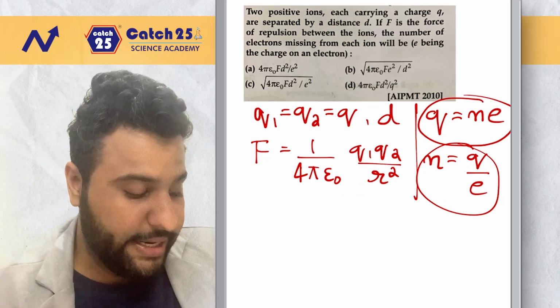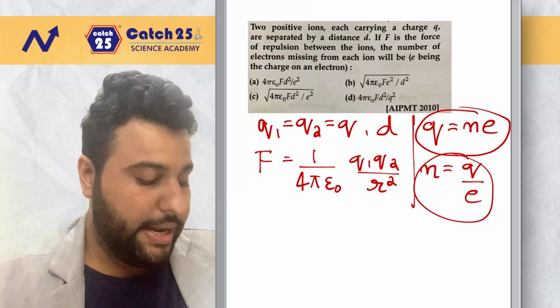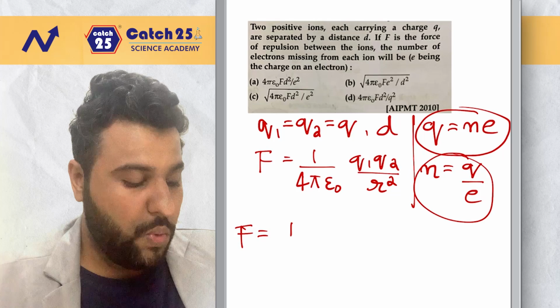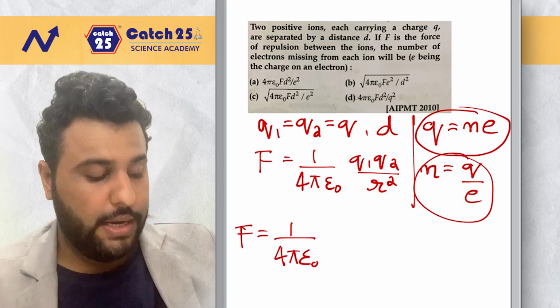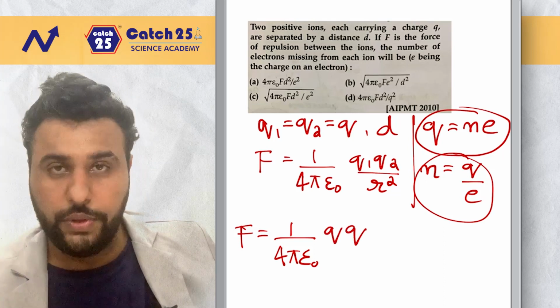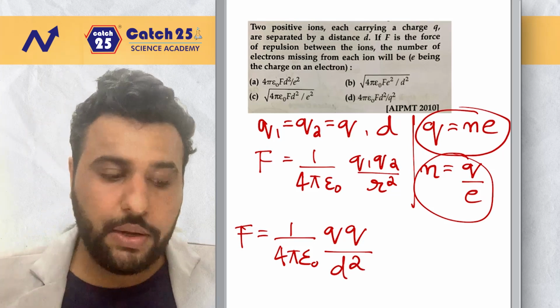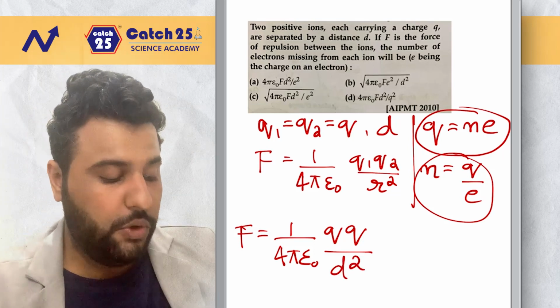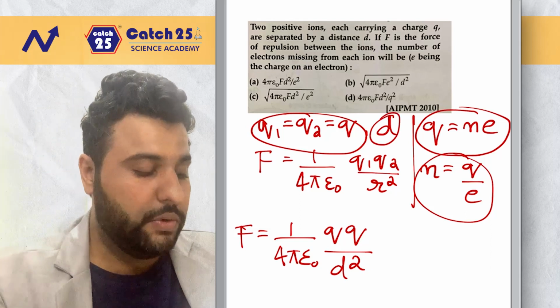So let me write F equal to 1 by 4 pi epsilon naught as it is. Now my Q1 will be Q, my Q2 also is Q, and my R square will become D square, because my Q1 and Q2 are equal to Q and my distance is equal to D.